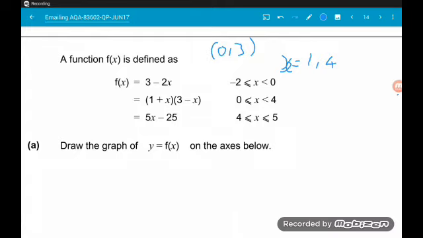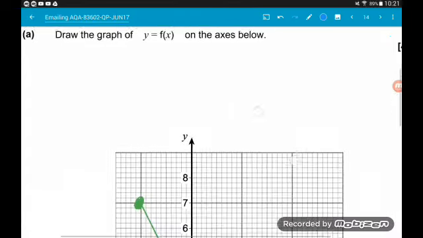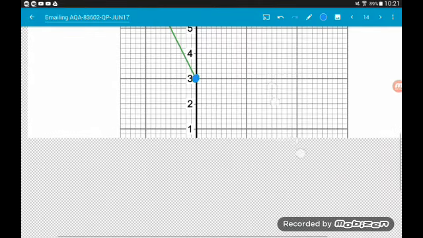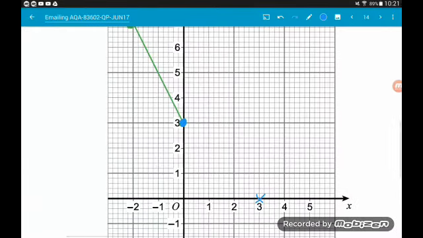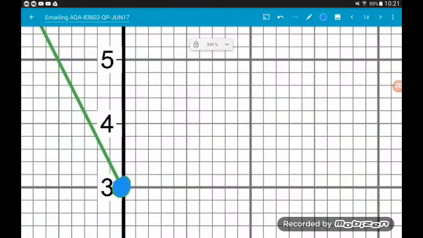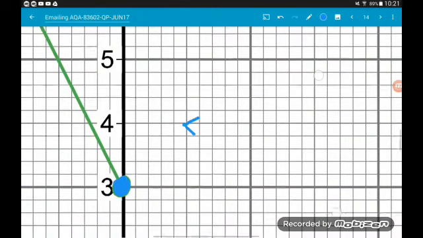So there's our next point to plot then, so let's go down and do that. So 1, 4 is this point right there.